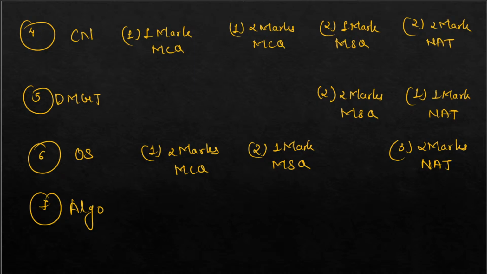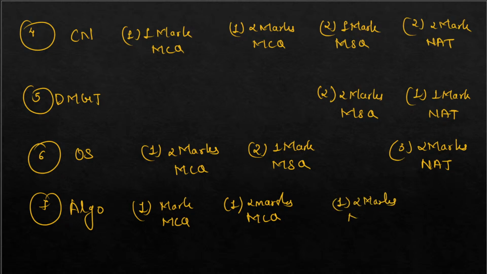There is a 1 mark question of MCQ type, 1 question of 2 marks of MCQ type, and 1 question of 2 marks for MSQ type. 1 question of 1 mark of NAT type, and 1 question of 2 marks for NAT type.